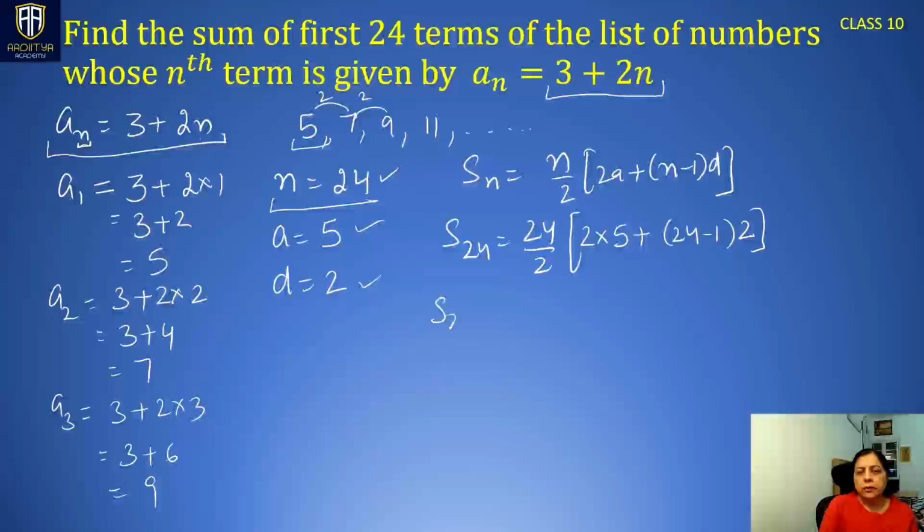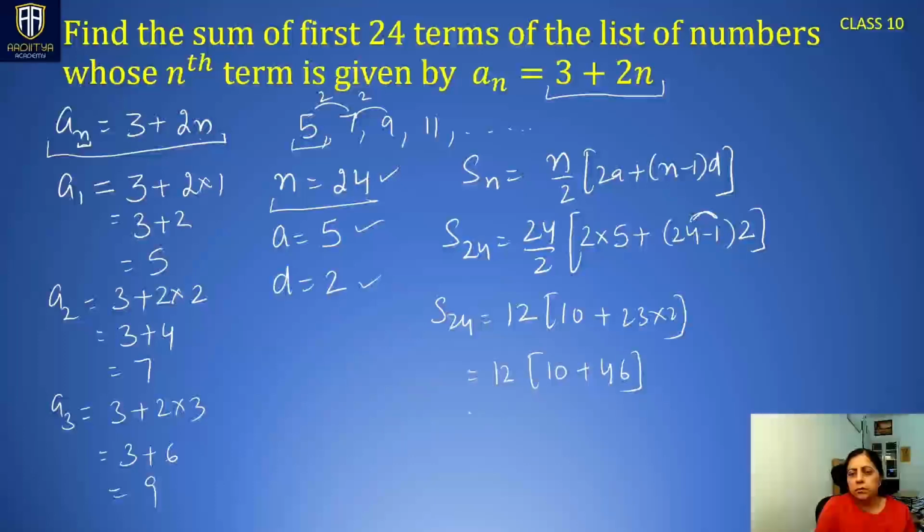So we have S24 as, you can divide this 24 by 2, that is 12, multiplied by 2 5s are 10, plus 23 times 2, which is 46. 10 plus 46 is 56, so 12 multiplied by 56.